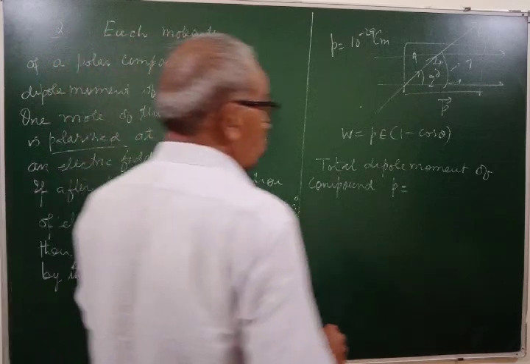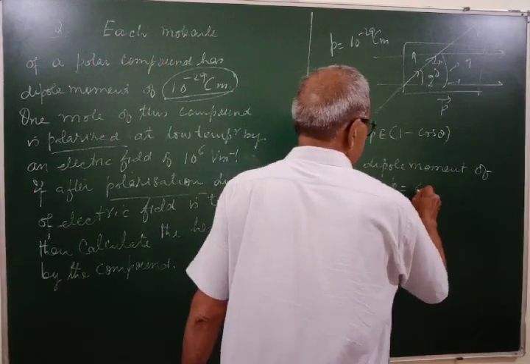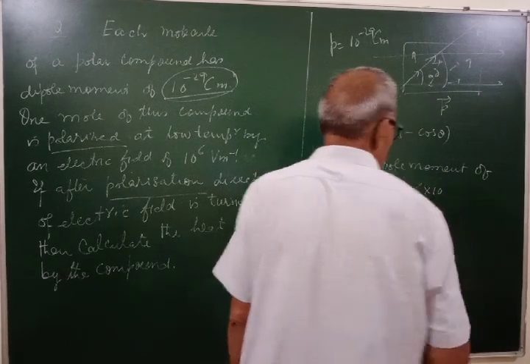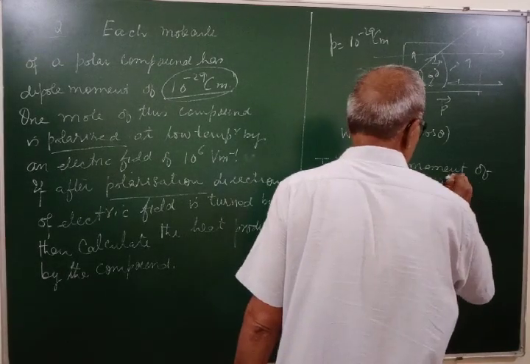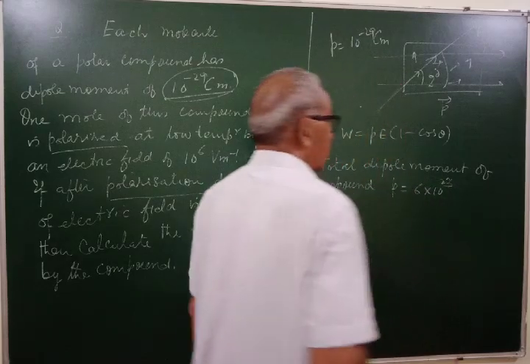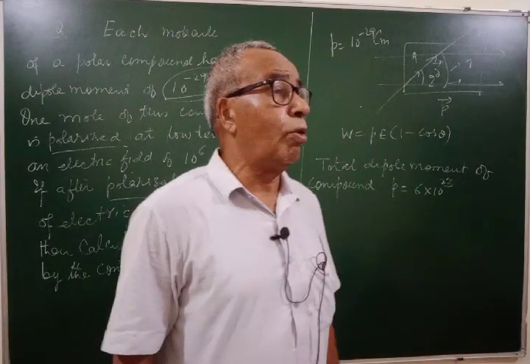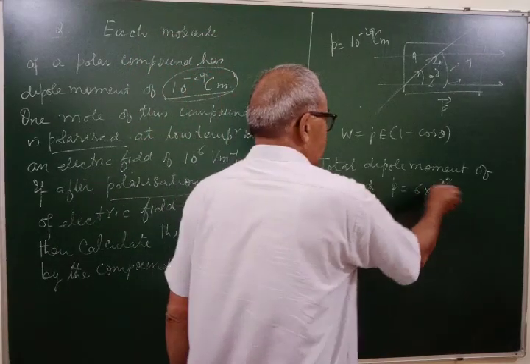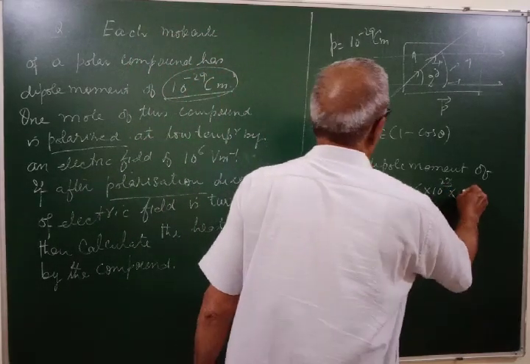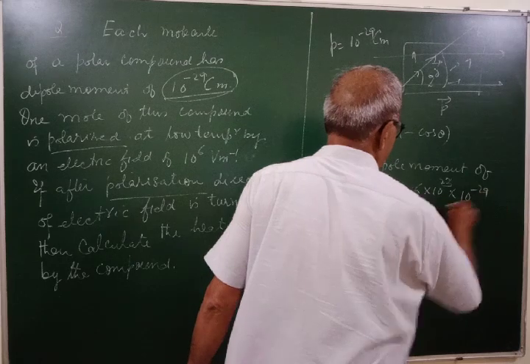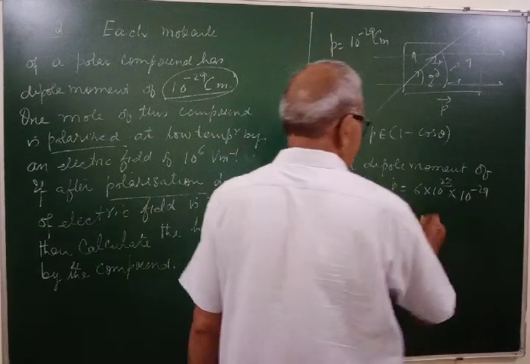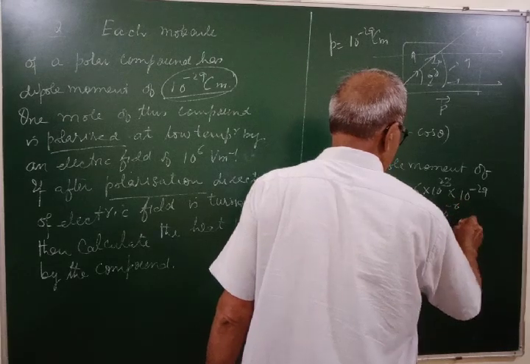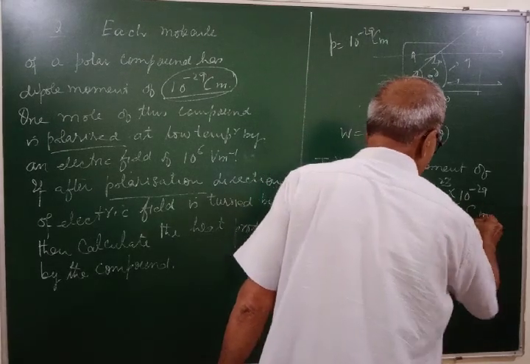And how many molecules are there in 1 mole? 6 into 10 to the power 23, sorry, 23. 1 mole of compound has 6.023 into 10 to the power 23 molecules. I have left out 0.023, and into 10 to the power minus 29. So the total dipole moment here is now 6 into 10 to the power minus 6 coulomb meter.